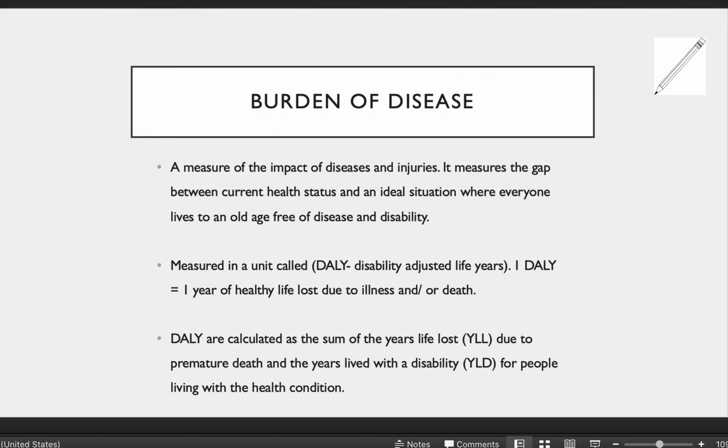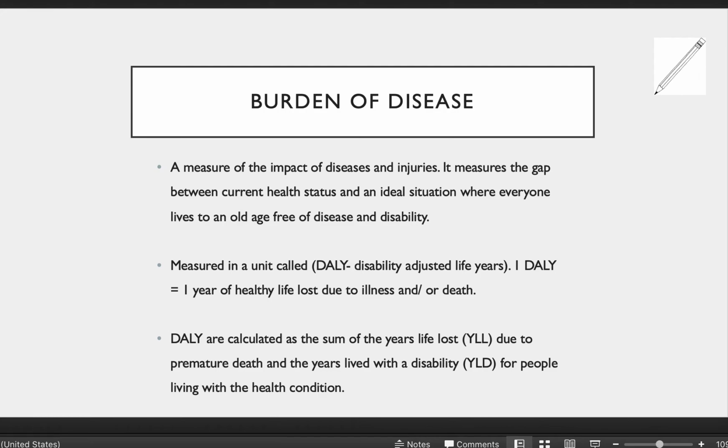And other times there is less of a burden of disease, and people's lives only change in minor ways. What we do need to do, though, is look at what the adjusted life years would be if somebody has a disability, disease, illness.